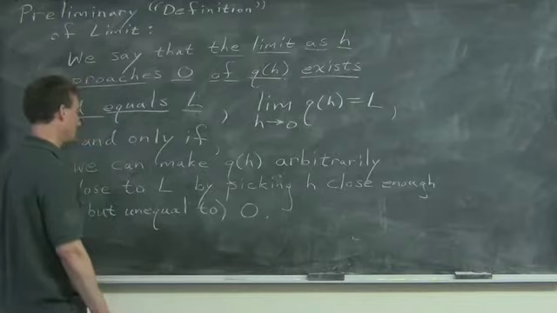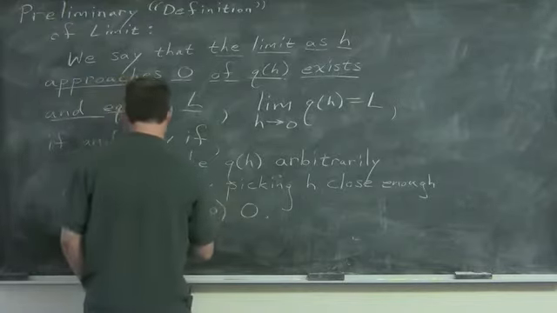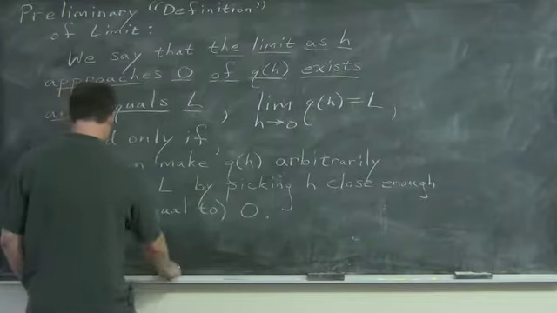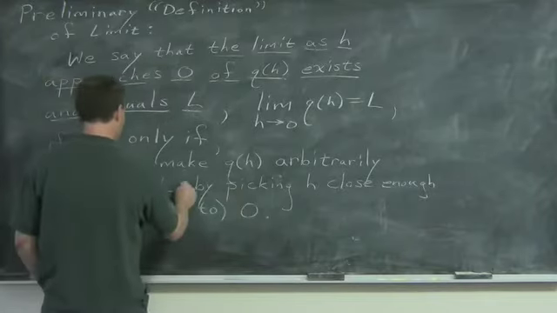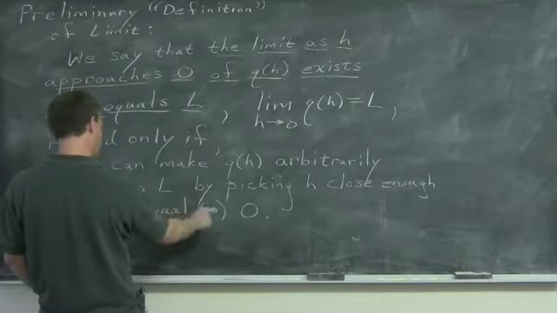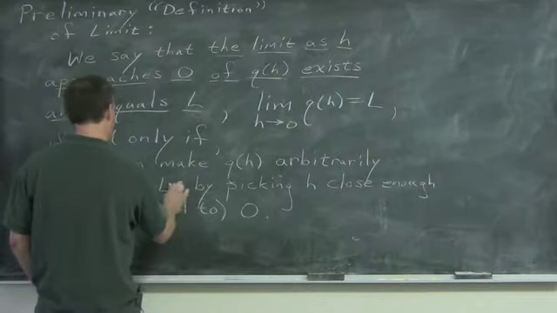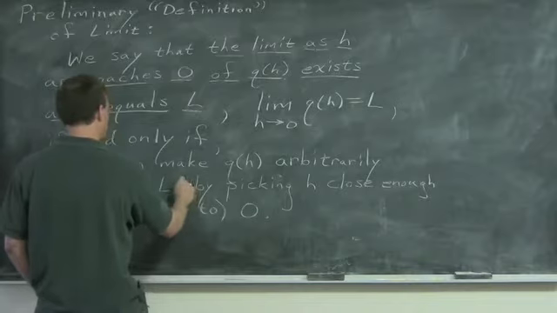Arbitrarily close to L, except possibly equaling L. I mean, it would be allowed to equal it, but you may not be able to do that by picking h just close to 0 but not 0. So we can make Q of h arbitrarily close to L except possibly equaling L.